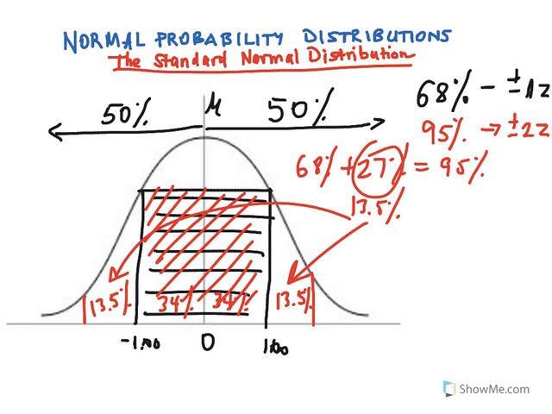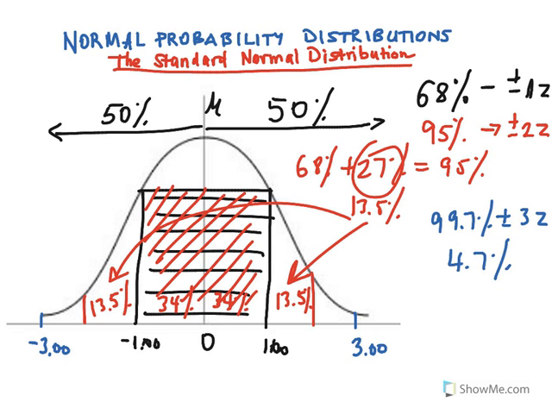And next is that 99.7% will fall between three z's. So 3z is right here, 3.00 and minus 3.00. So now we have 99.7 minus 95, which is 4.7%.